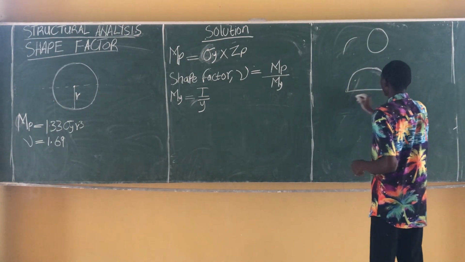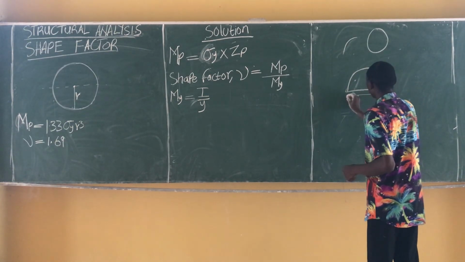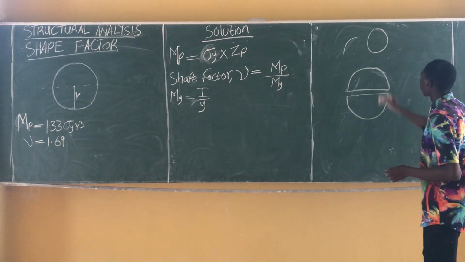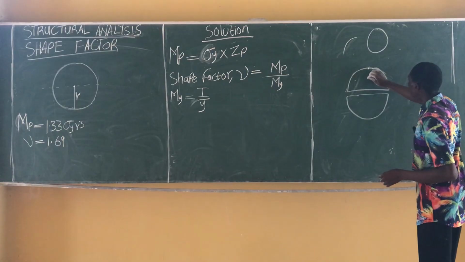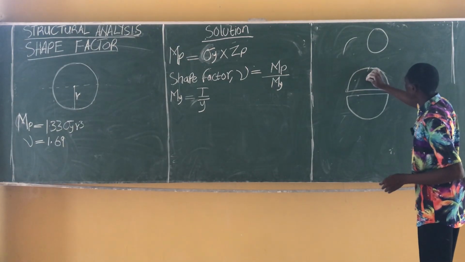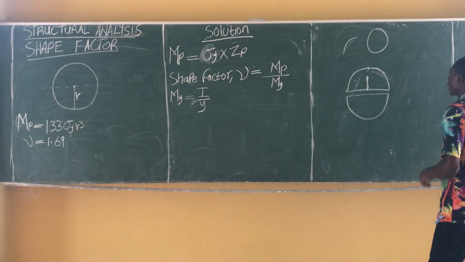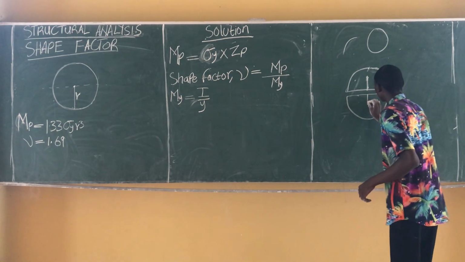From this point to this point is our point of neutral axis.